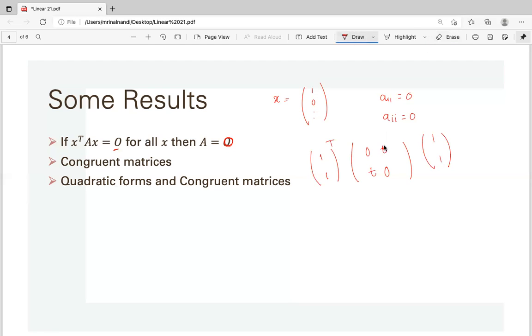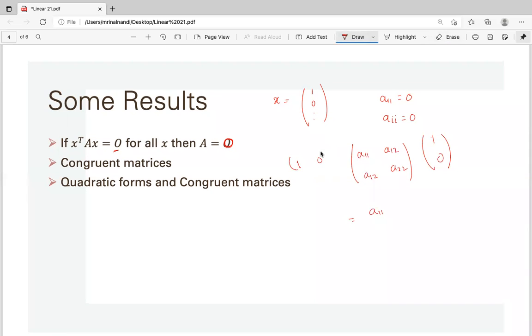You just do it for 2 by 2. Take the matrix a11 a12, a12 a22. We take 1 0, then it is just a11.